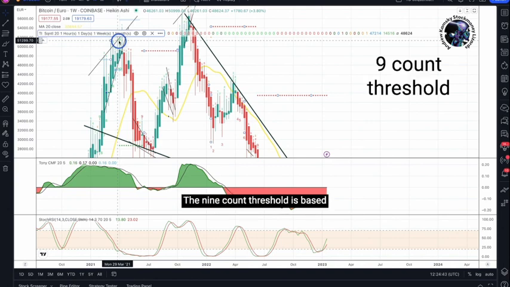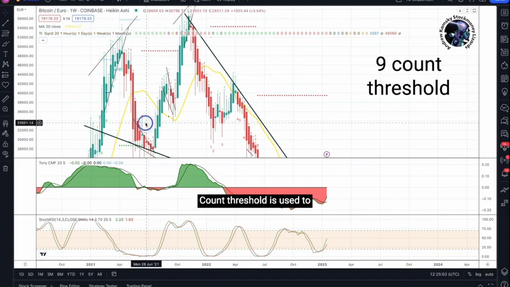The 9-count threshold is based on the idea that market trends and reversals tend to occur after a certain number of price movements, and that these movements can be counted and used to identify potential turning points. The 9-count threshold is used to identify exhaustion points in the market where buying or selling pressure has been exhausted and the reversal is likely to occur.